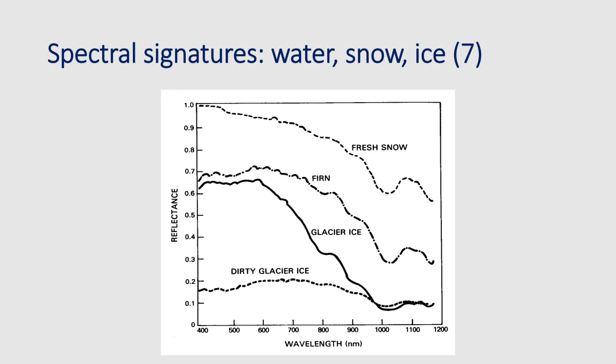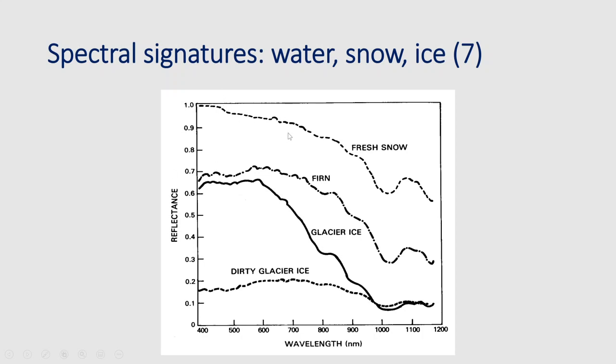So you see, these are very different metamorphisms of the snow. You see here up we have fresh snow. Again, on the x-axis we have wavelengths, and on the y-axis we have reflectance, so we have the rho coefficient ranging from 0 to 1.